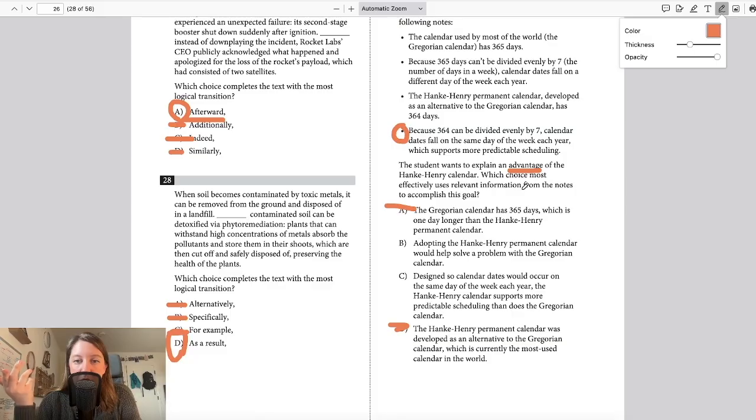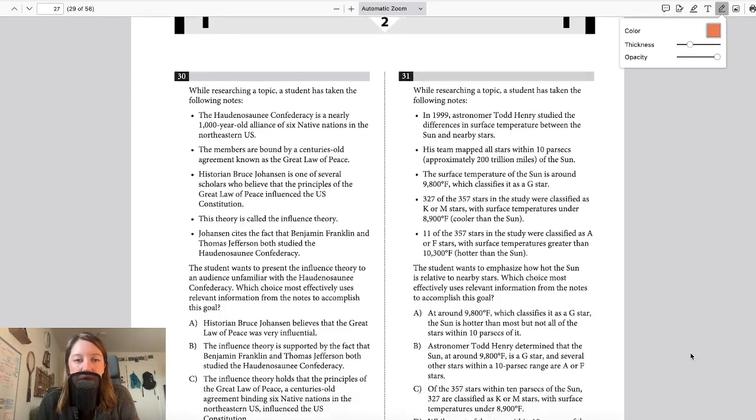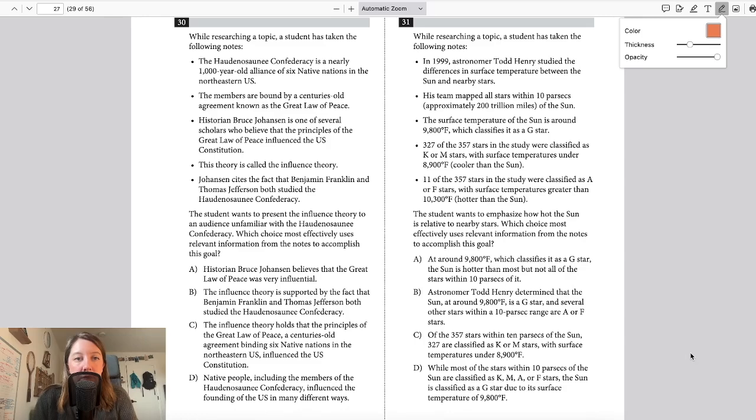Why are we interested in this? We're trying to explain an advantage. Okay. So this one is C because it explains, right? It says, here's the situation. It doesn't just say it solves a problem, right? So that one's C.